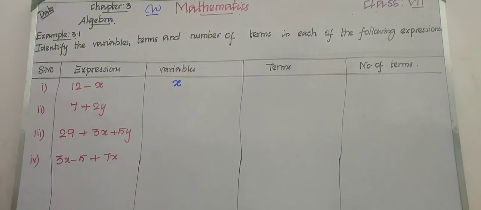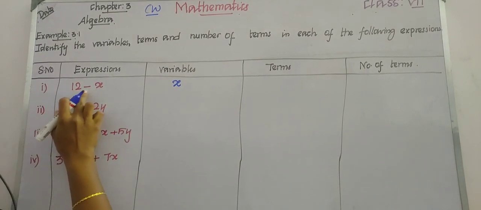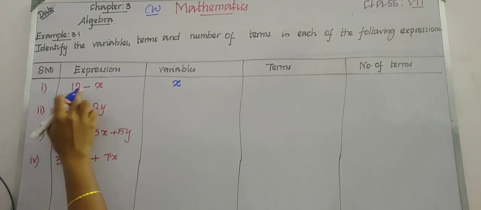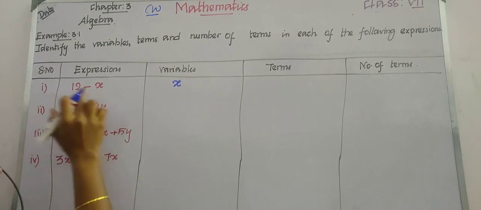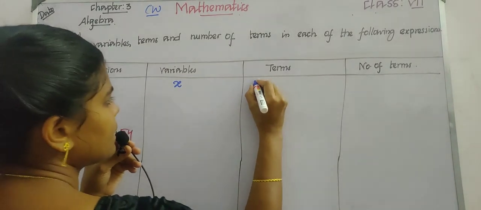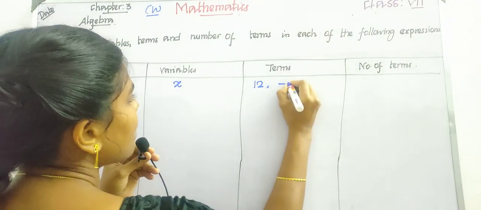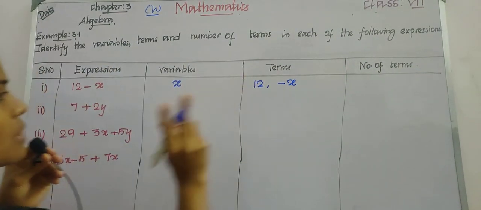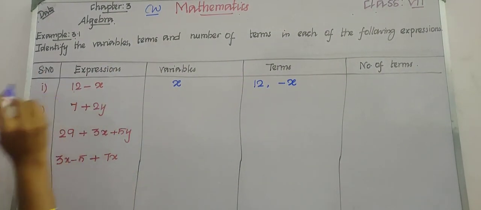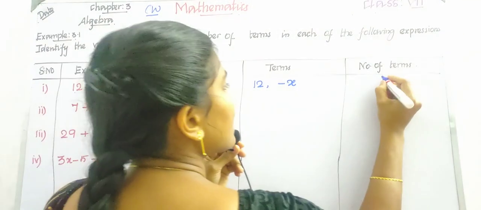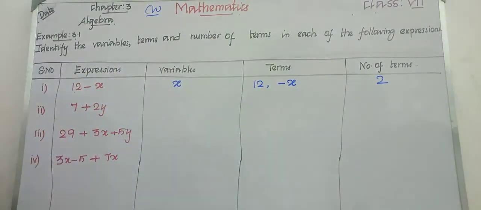And what are the terms? 12 is a term and minus x is another term. Two terms are here, so the number of terms is 2. Is it clear, children? Very easy, right?